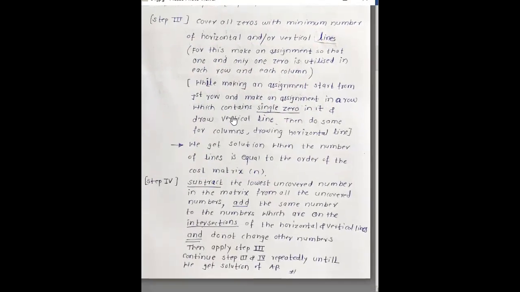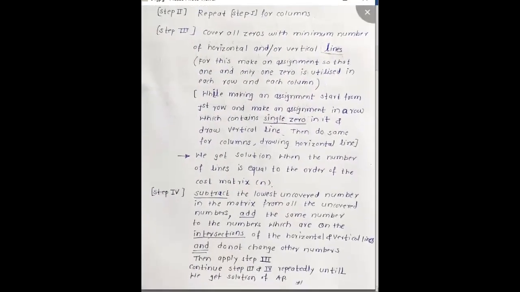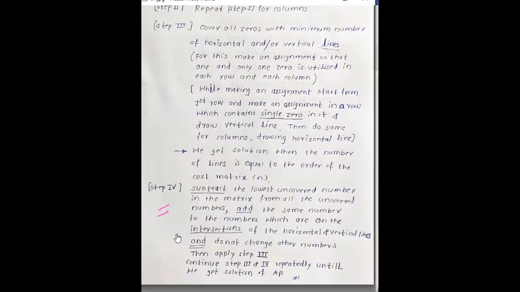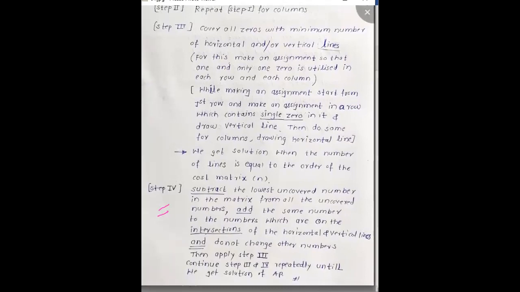So to get the optimum solution, let us see what the fourth step is. When we do not get the optimum solution in step 3, we have to perform step number 4. So what is step number 4? Subtract. First we find the lowest uncovered number.